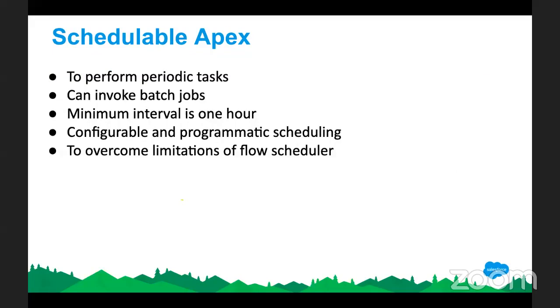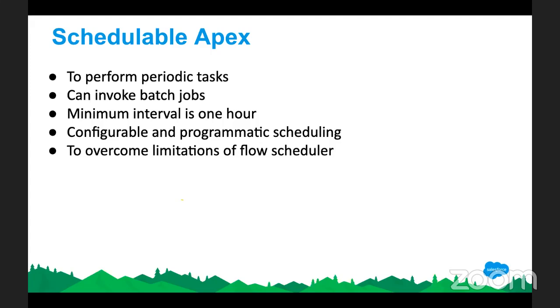So next is Scheduled Apex. You might have heard of this word Schedulable. It is used to perform periodic tasks. Assume you need to do something at midnight when all users are sleeping. You go for a scheduled job. It can invoke batch jobs too. If you want to do data cleansing at midnight 12 every day, invoke a batch process that will handle the bulk processing.